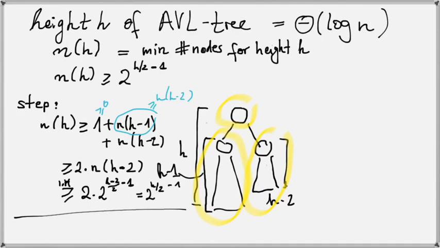So now I know that n of h is at least 2 to the h half minus 1. So if I now look at log n, let's say I'm given n and I'm given h. I know that log n is at least as large as log of the minimum number of nodes of a tree of height h, because n is at least as large as n of h.